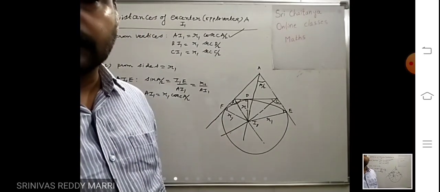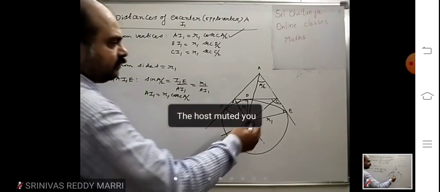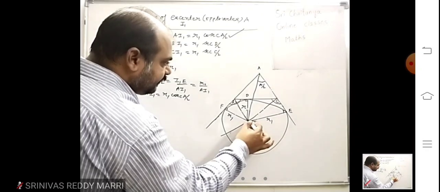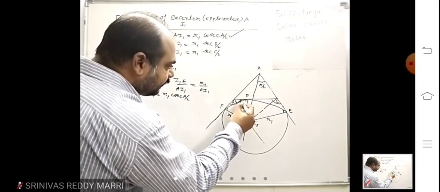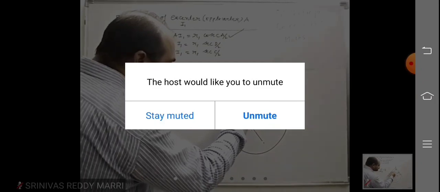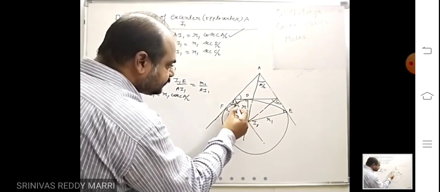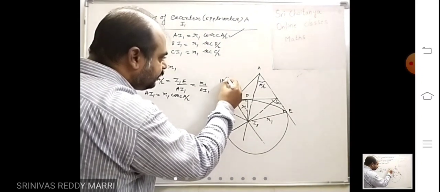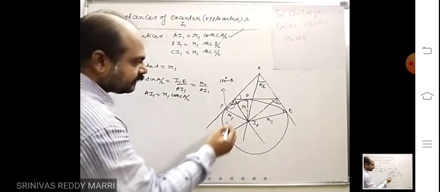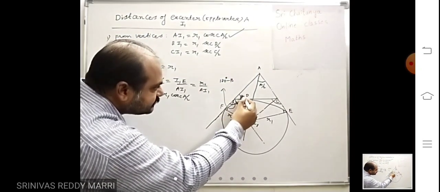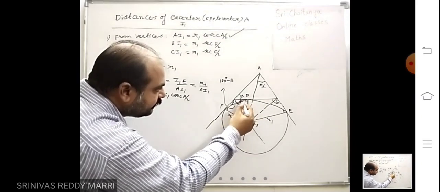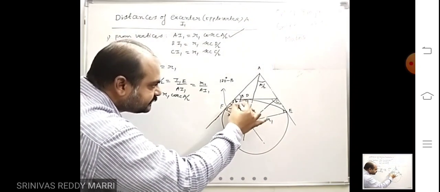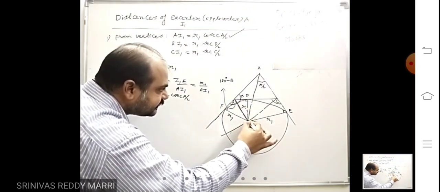Okay, fine. So now look at this triangle BDI1. Now look at here. This is angle B. This angle completely is the exterior angle, 180 degree minus B. This line is bisecting this angle.